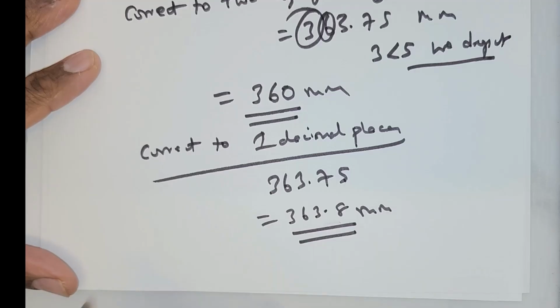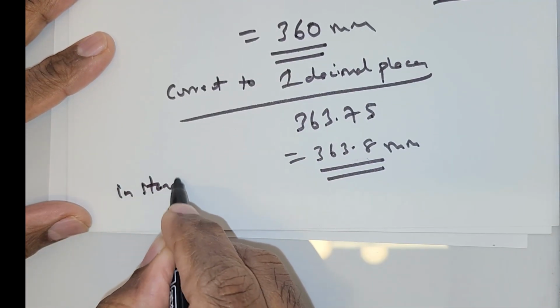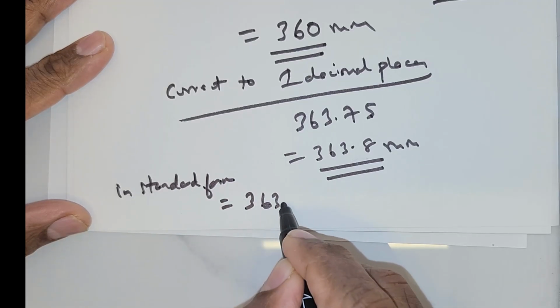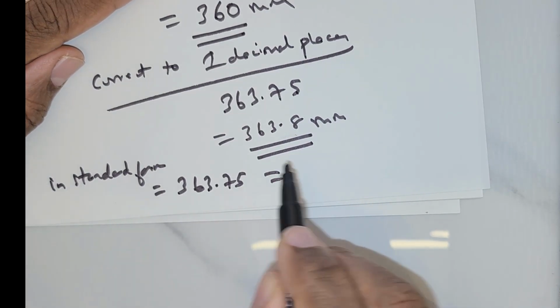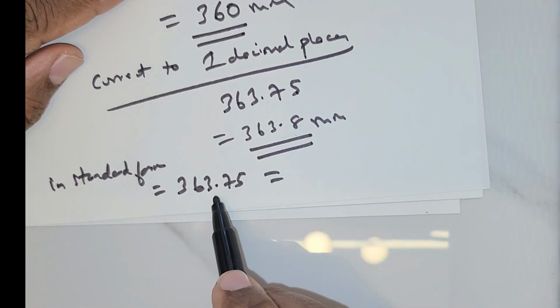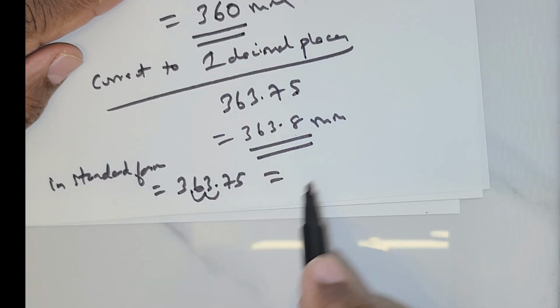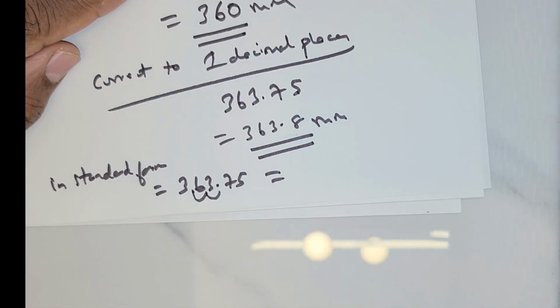We move on. Now the last one they're asking us is write the answer in standard form. So what do we have? We have 363.75. If we were to write it in standard form, we have to move the decimal point 2 places. So the decimal point is moving towards the left.